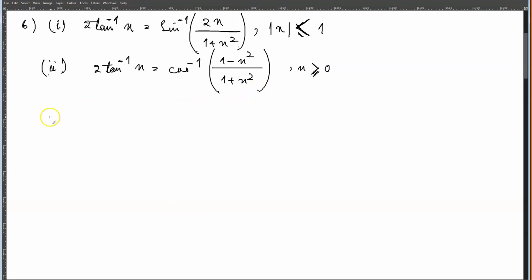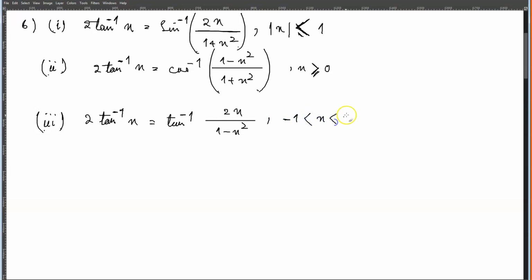And part 3 of this is 2 tan inverse of x is equal to tan inverse of 2x over 1 minus x squared, for negative 1 less than x less than 1, right? Now let's prove these, and then we will move into some problems.